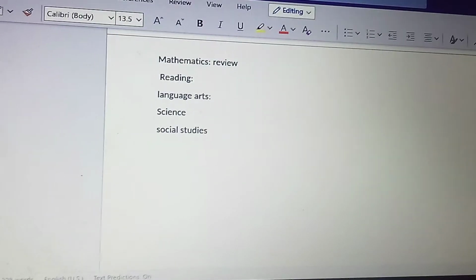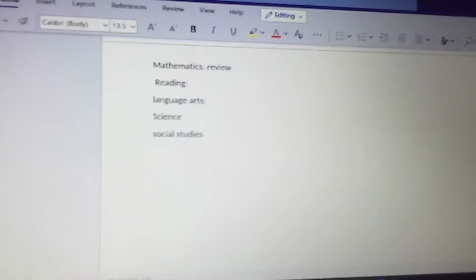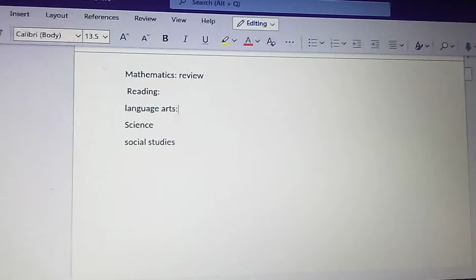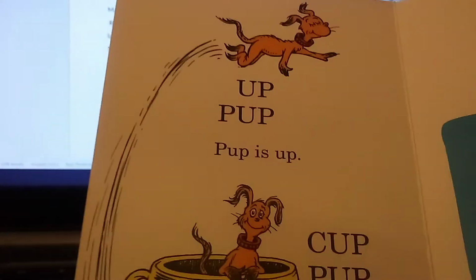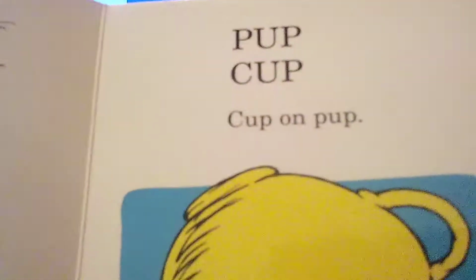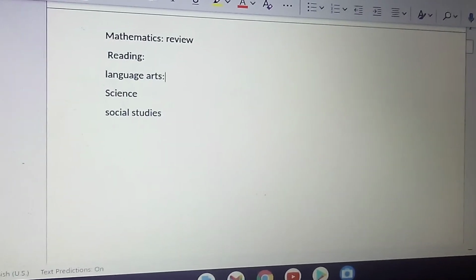Basically, I got this book that I read earlier, so I'll just take this and tell them to copy it down. And that's it. That's copy work.